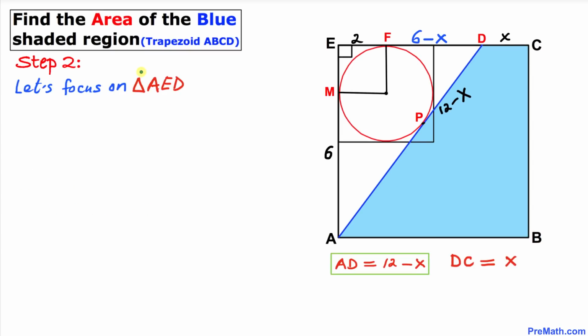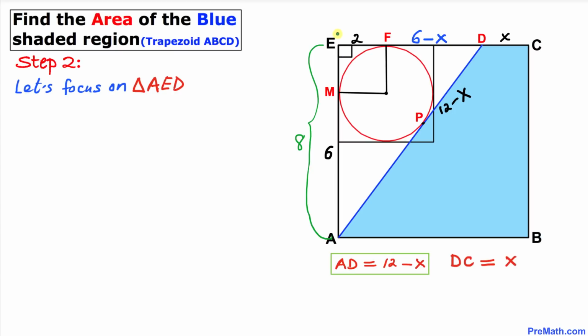Here's our next step. Let's focus on this triangle AED. We know that this side of the triangle, EA, is going to be 8, since this is just the side length of this larger square.